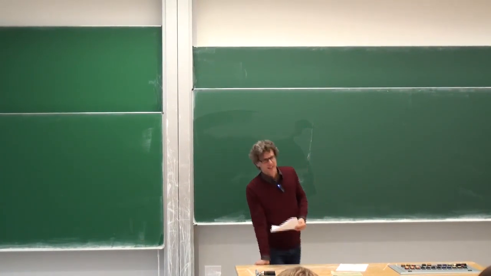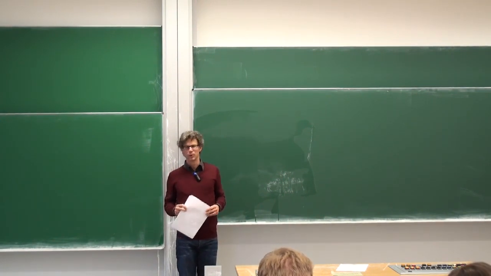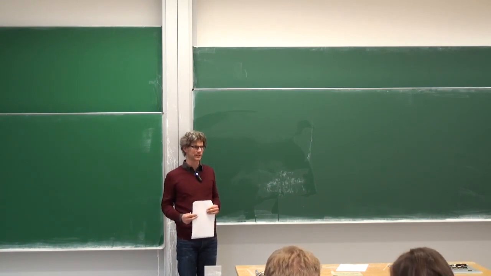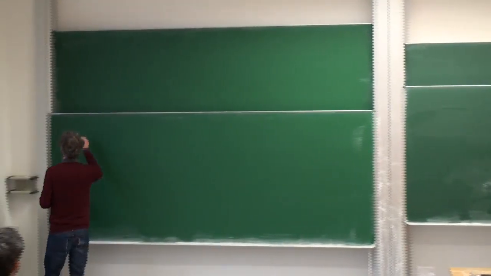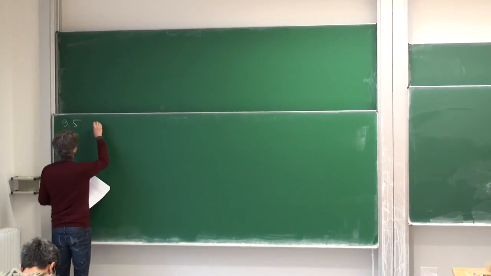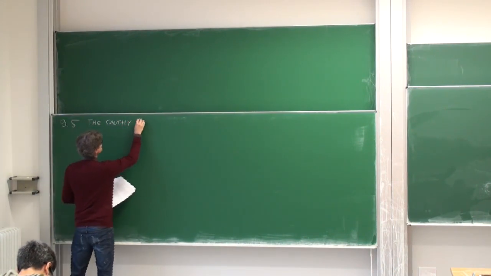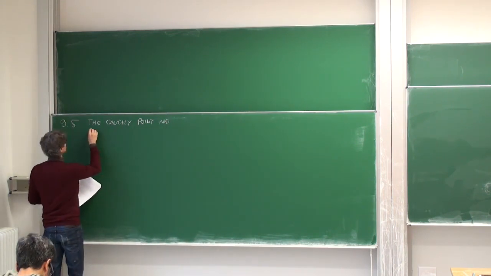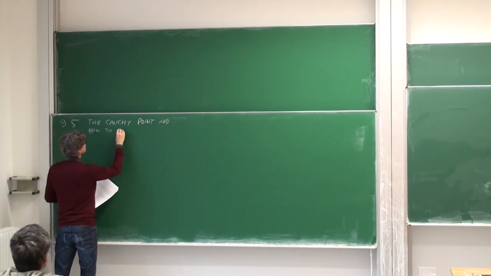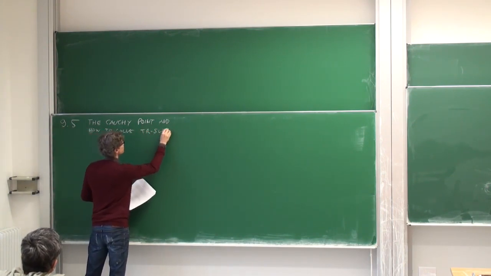Okay. As promised, I wanted to continue by sketching how we can actually solve these trust region methods approximately, and what people do in practice. This little section is called 9.5, the Cauchy Point and how to solve the trust region subproblem.